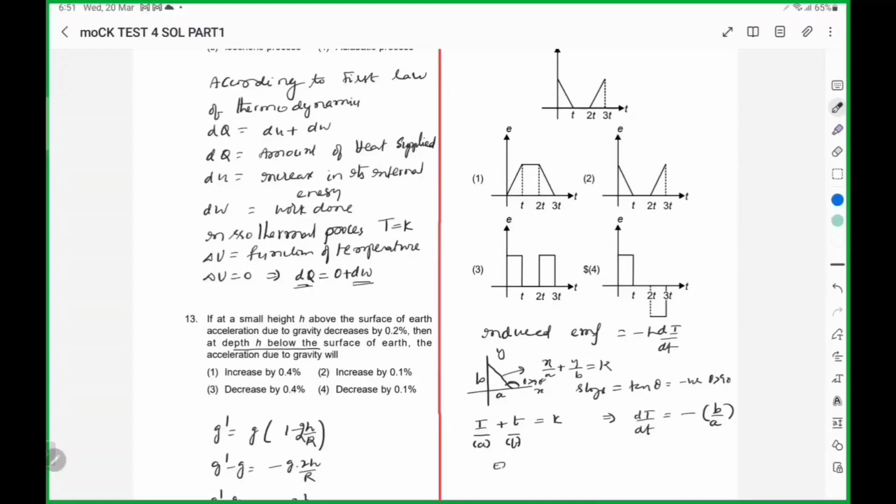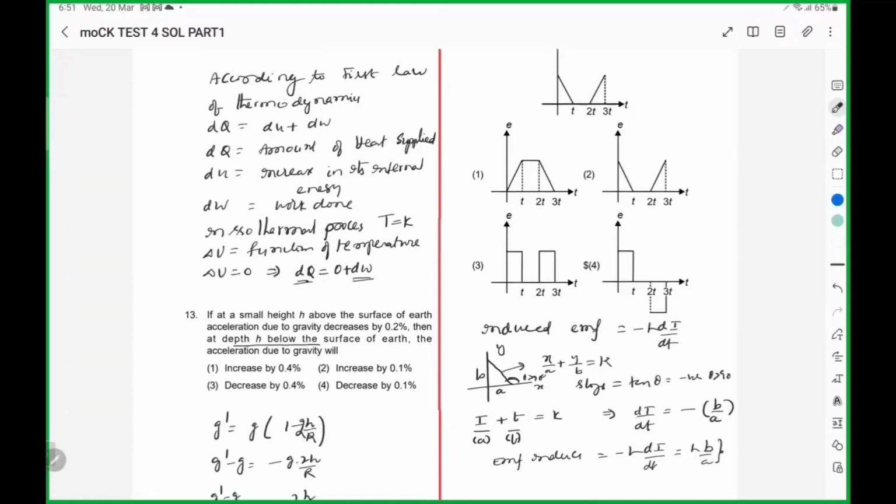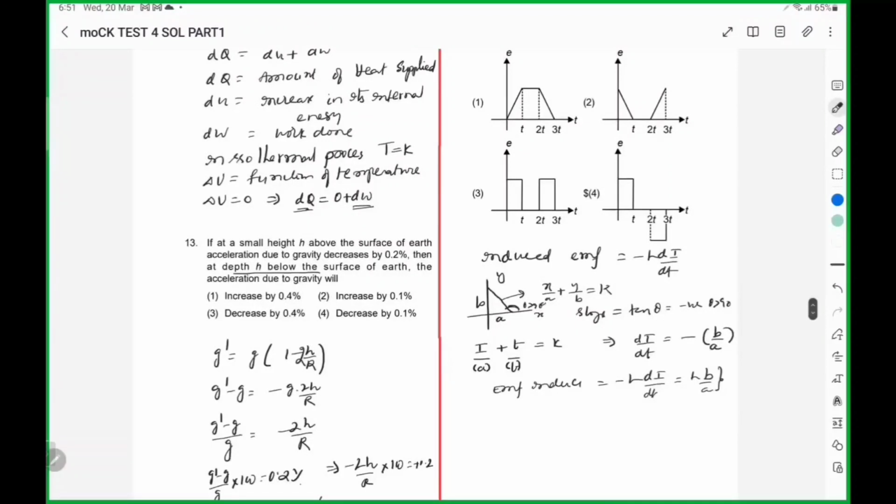So EMF induced will be minus L di by dt. So this is LB by A. L is constant, B by A also constant. EMF induced is negative. Sorry, here it is positive and constant.